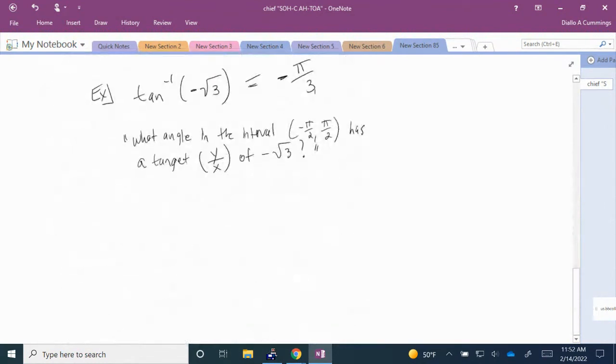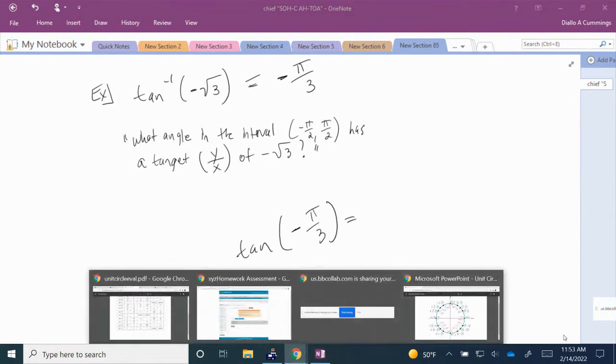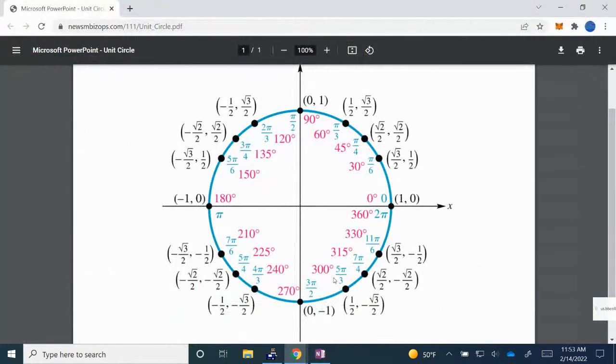So the tangent for negative pi over 3, which is actually 5 pi over 3, I would take the y coordinate, which is negative square root of 3 over 2, and I would divide that by the x coordinate, which is 1/2.